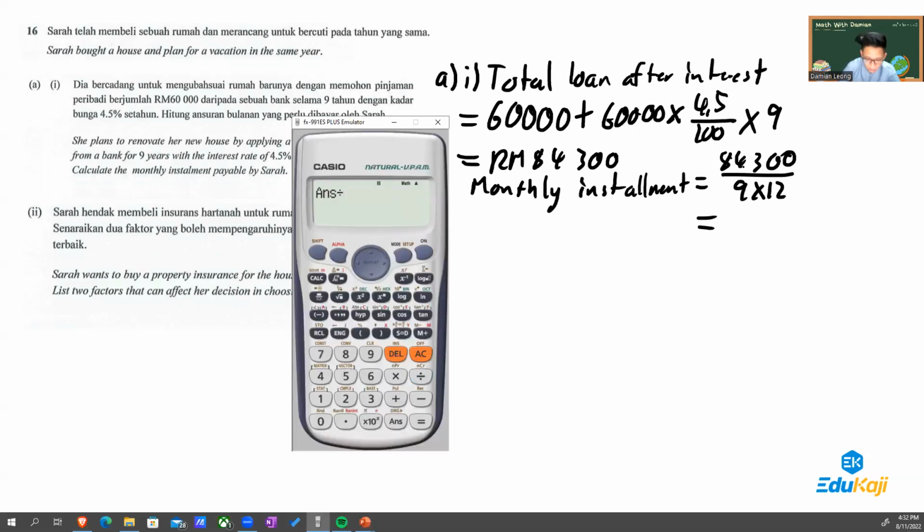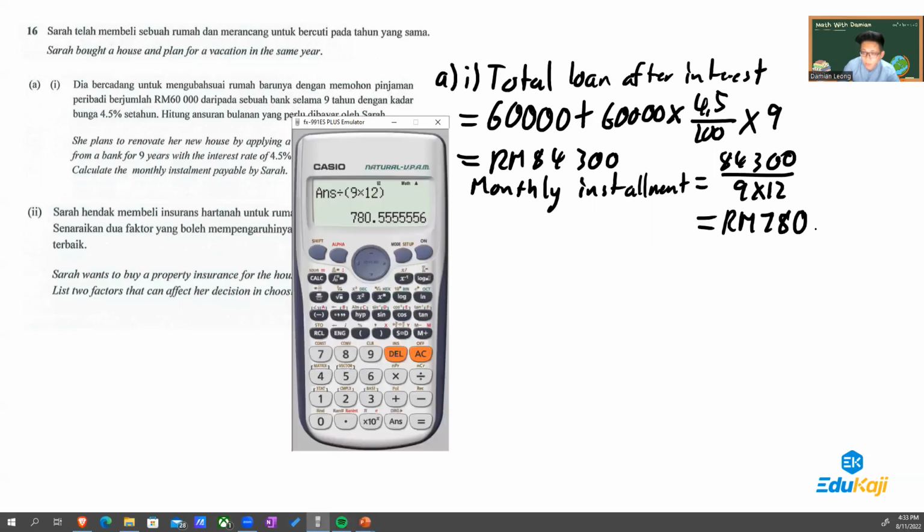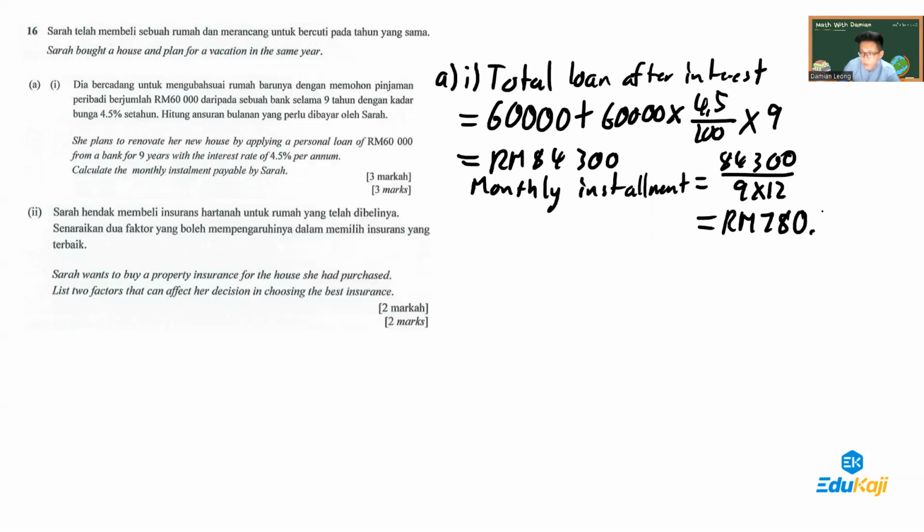So divide by bracket 9 times 12, which is 780 ringgit 56 cents. Usually they won't really ask you to pay in cents, so generally it will be like 781. Then for the rest of it, in the final month, they will either ask you to pay less or pay more.